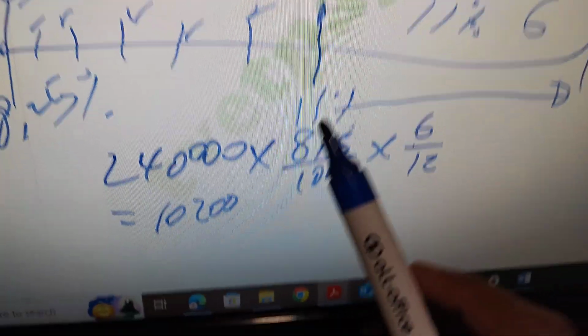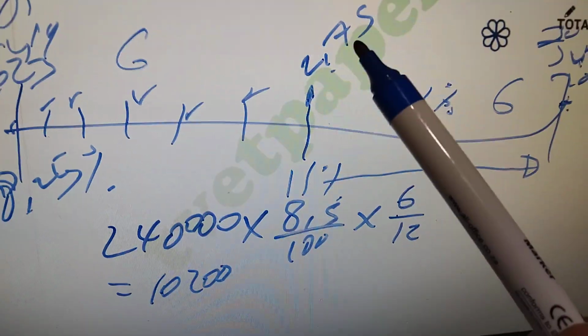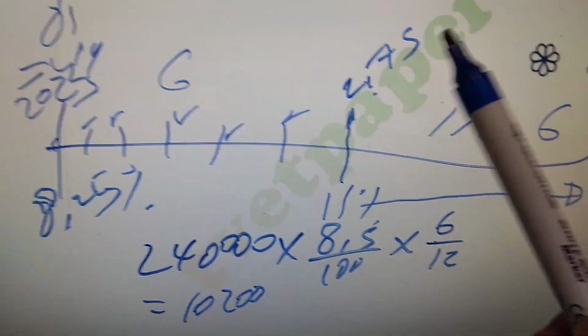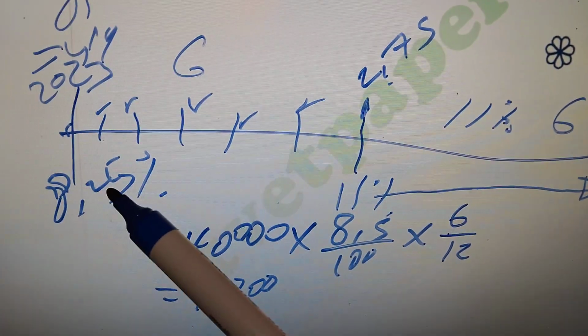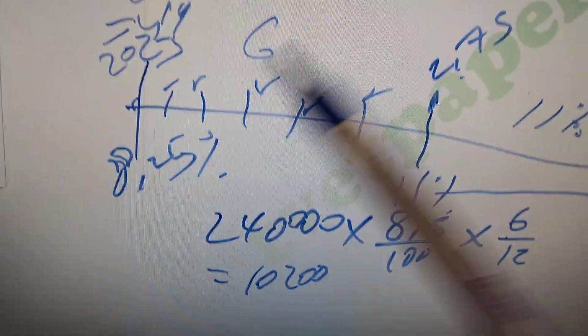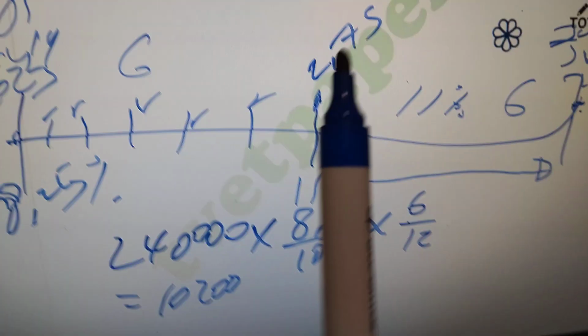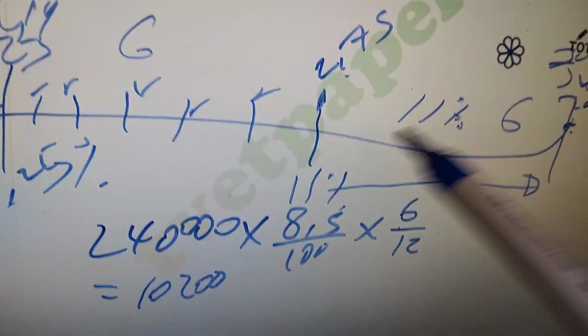That gives 10,200. And then again the percent increase. It increased by 2.75, so it's no longer 8.25. It's now 11%.